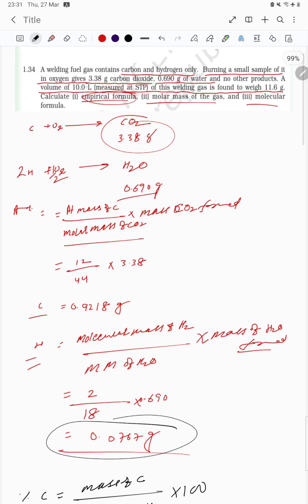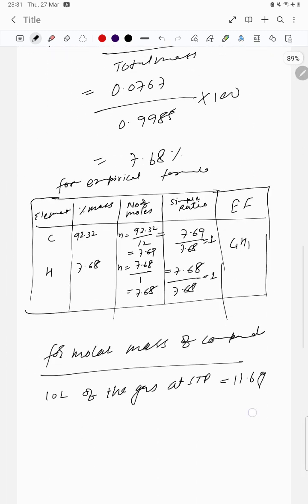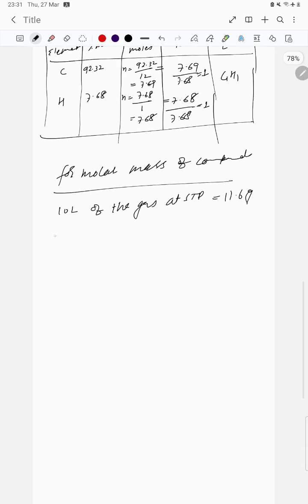Here they are saying 10 liter at STP of the welding gas is found to weigh 11.6 gram. And we know, student, that 22.4 liter of gas at STP will be how much, student?